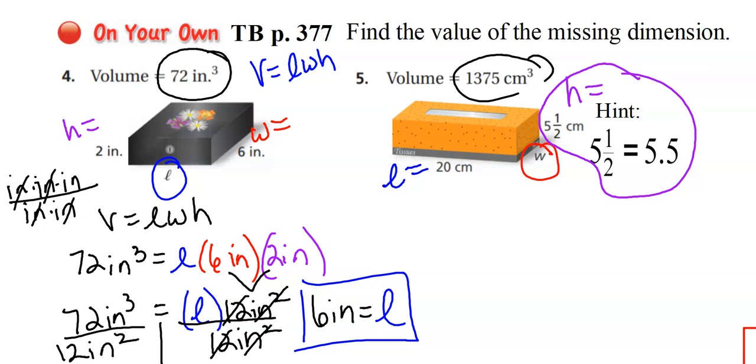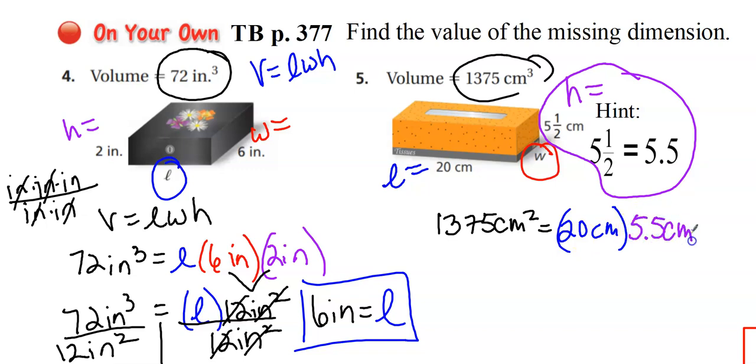Okay, so now I can go ahead and write my equation. 1375 centimeters cubed is equal to, the length is in blue, it's 20 centimeters. The height is in purple, and it's 5.5 centimeters.